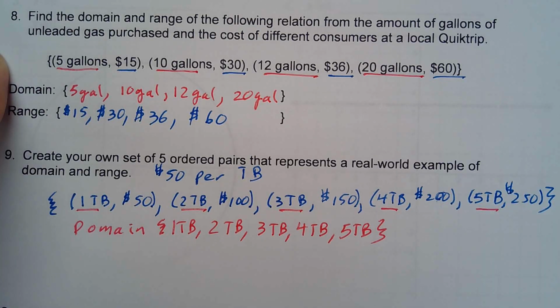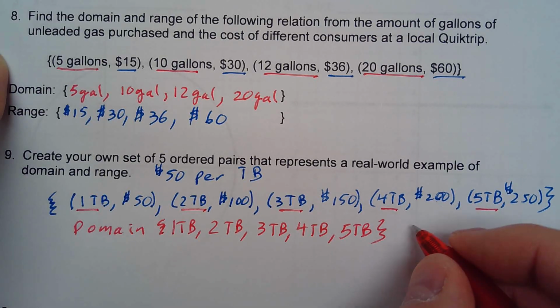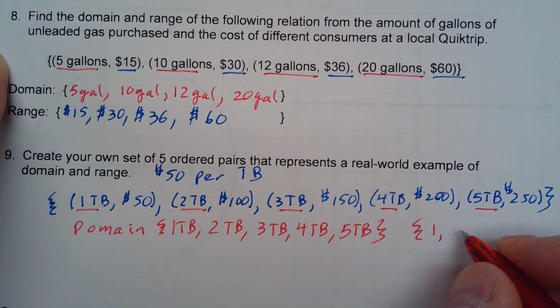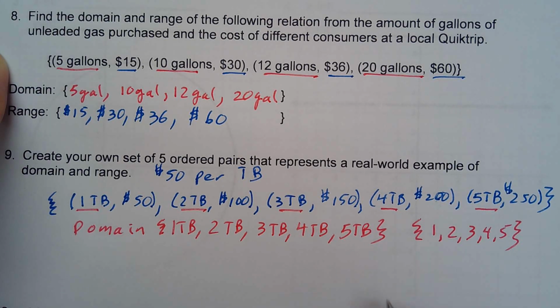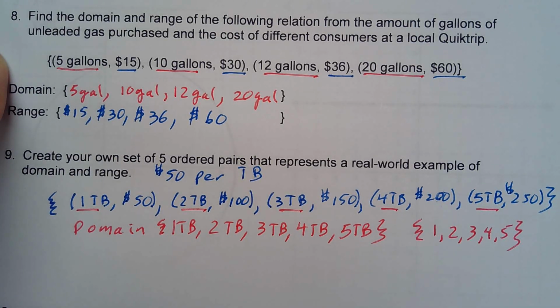Now, a lot of times when you enter this in ALEKS, they're just going to have you enter a number, so you might just be writing as your input is 1, 2, 3, 4, and 5. So you might have to write it that way without the terabytes on there in ALEKS.